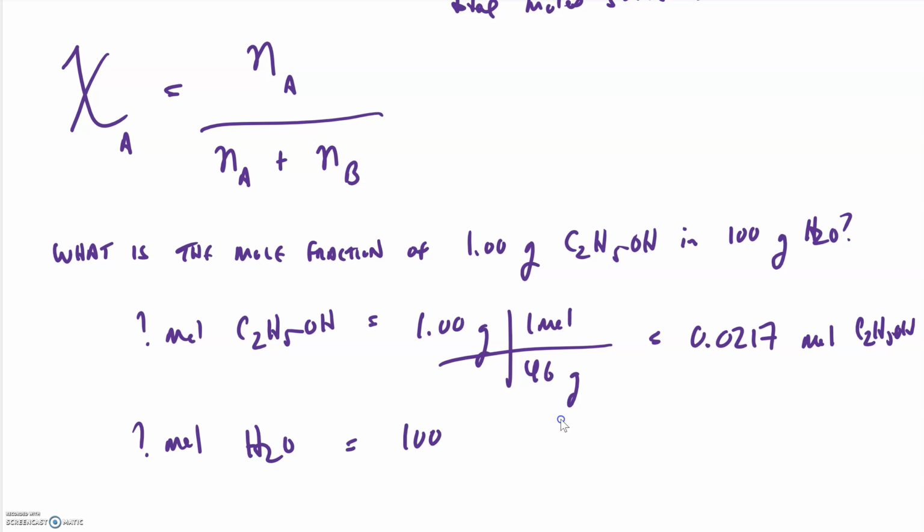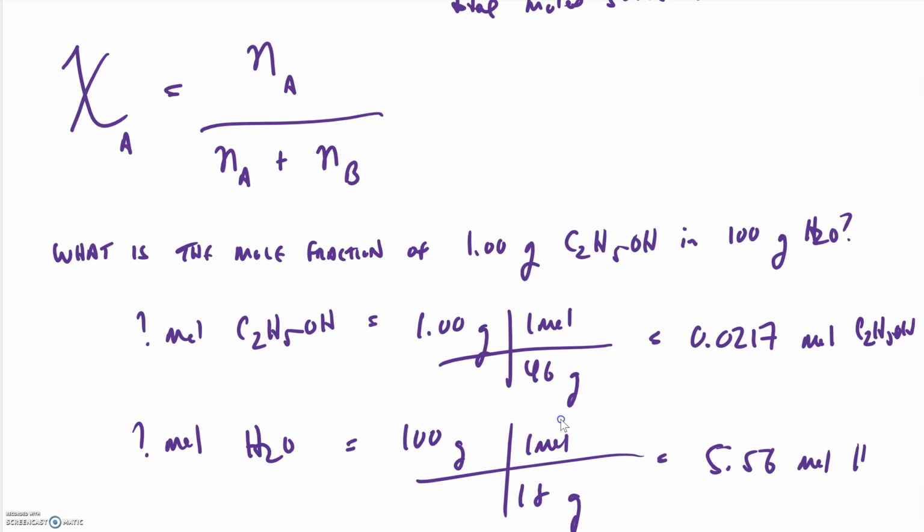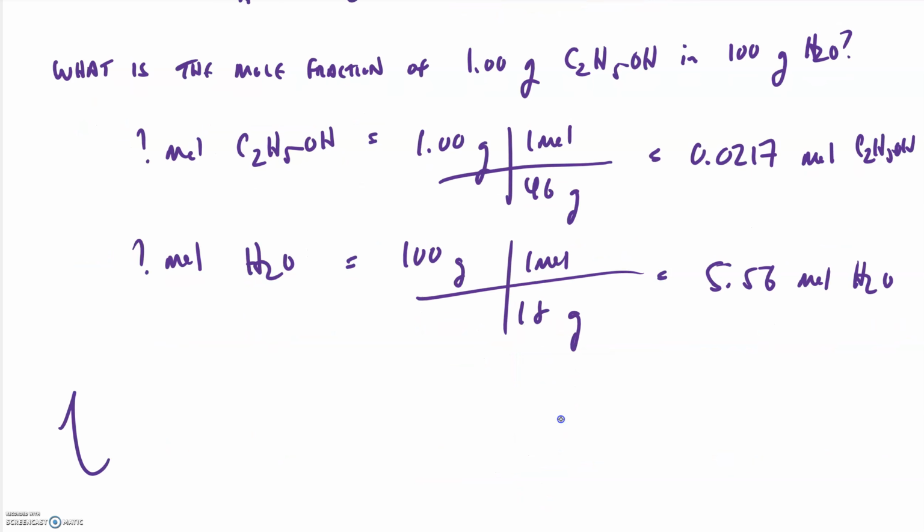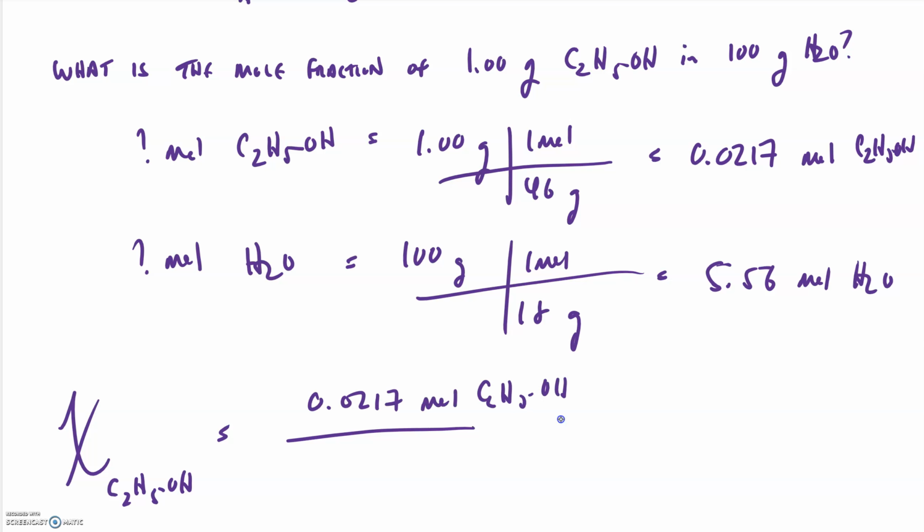We want to add this to how many moles of our solvent, which is H2O, and that's fairly easy. We have 100 grams of H2O. And the molar mass, I'm sure you all remember, is 18 grams. That's 5.56 moles of H2O. So what we're looking for is the mole fraction of C2H5OH. And of course, we know we have 0.0217 moles of C2H5OH.